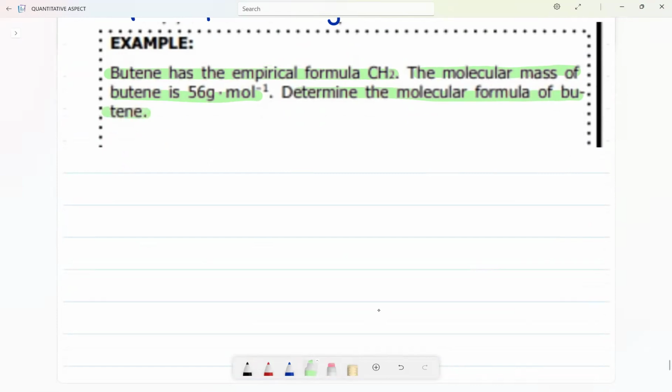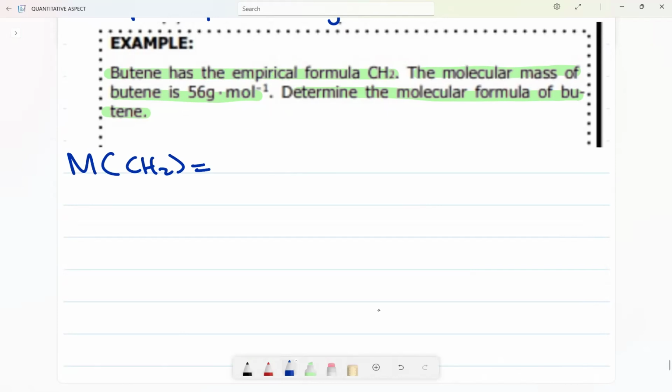So now I'm given that the empirical formula is CH2. The molecular mass of butene is 56. Determine the molecular formula of butene. So I need to calculate the molar mass of CH2, my empirical formula, because the 56 is the mass of the butene, which is my molecular formula.